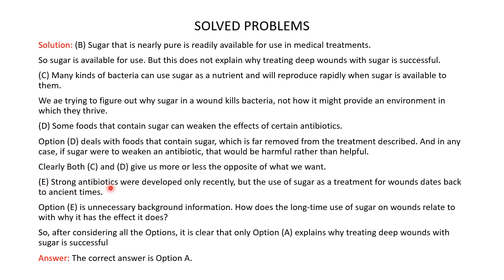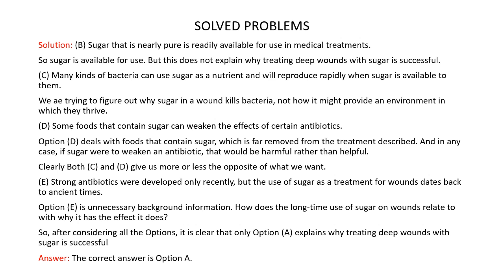Option E says strong antibiotics were developed only recently, but the use of sugar as a treatment for wounds dates back to ancient times. Now option E is unnecessary background information. How does the long time use of sugar on wounds relate to why it has the effect it does?